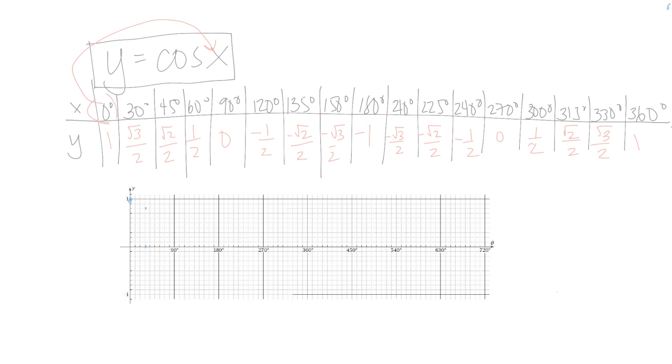Root 2 over 2 is approximately 0.7. So at 45 degrees, I'm going to go to 0.7, sort of there. At 60 degrees, which is right here, I'm going to go to 1/2. So that one I know where to put it. So 1, 2, 3, 4, 5 for 0.5. And here we go. And then 90 degrees is 0.